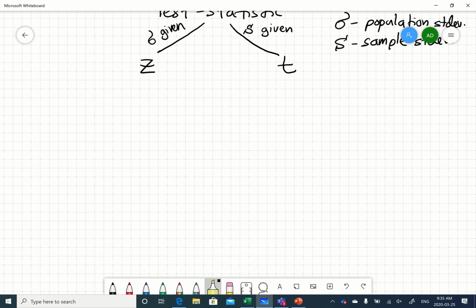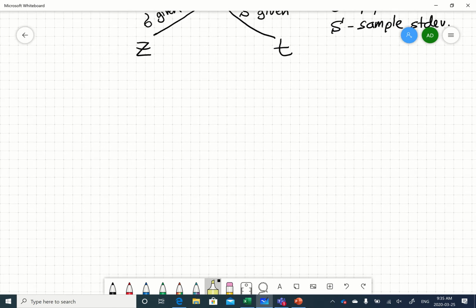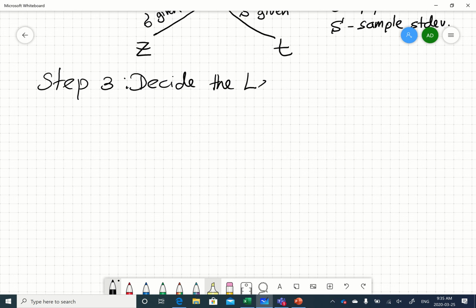Okay. And then step 3 of the test is to decide the level of significance. So these are all new terms for you guys.